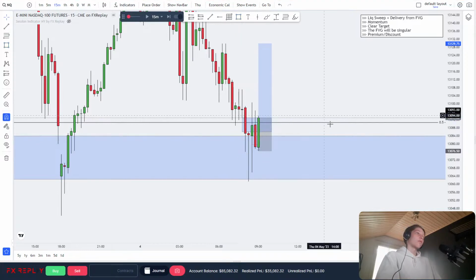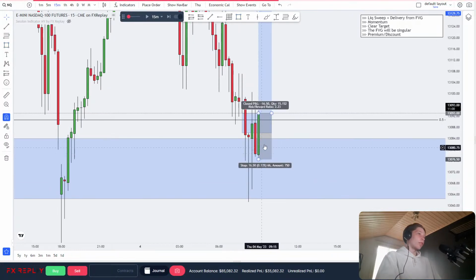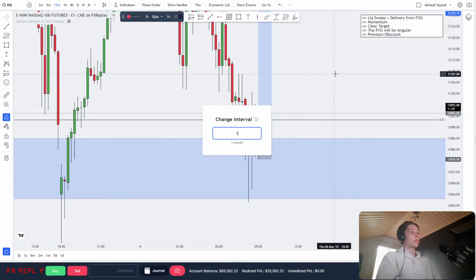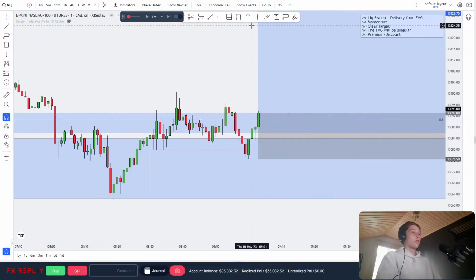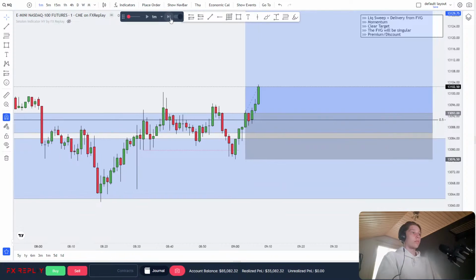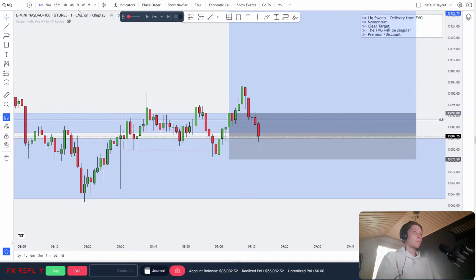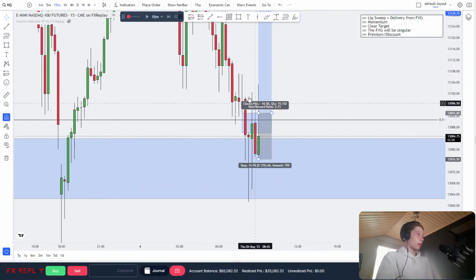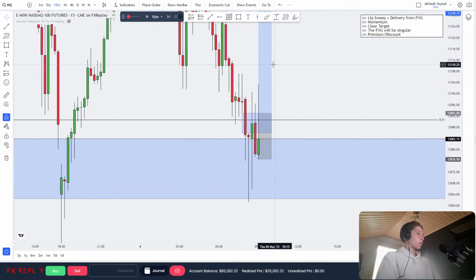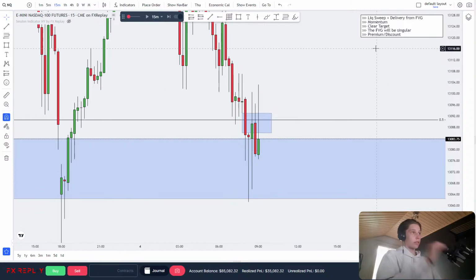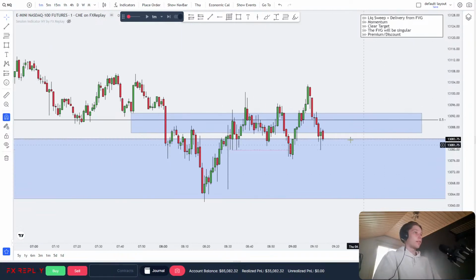So this could still reject from here, so I don't actually want to take this. So yeah, we're just gone. This would have been break even, as if we didn't even take it, that gets rejected away from. That's what I mean, man.